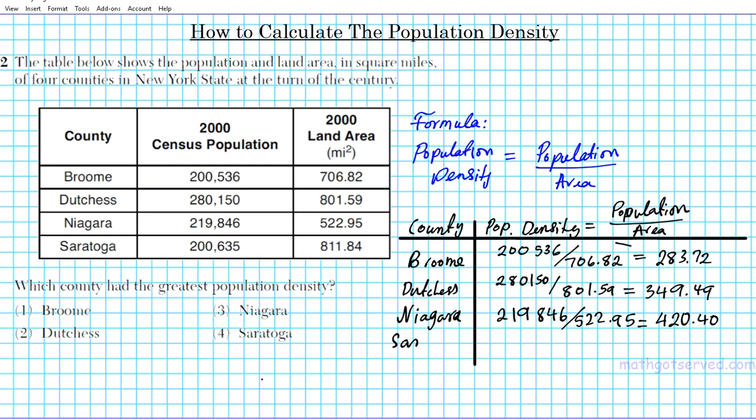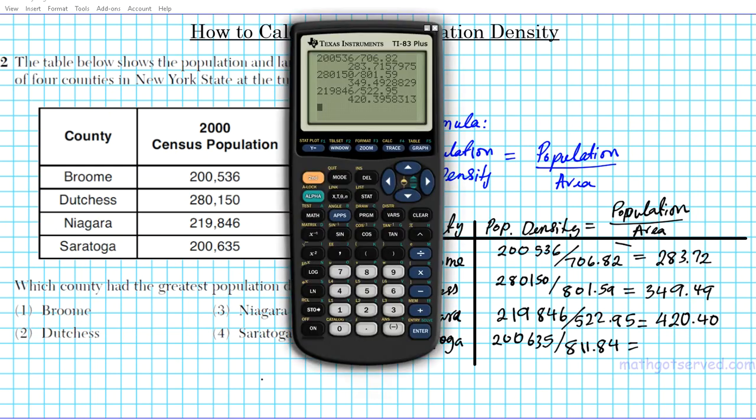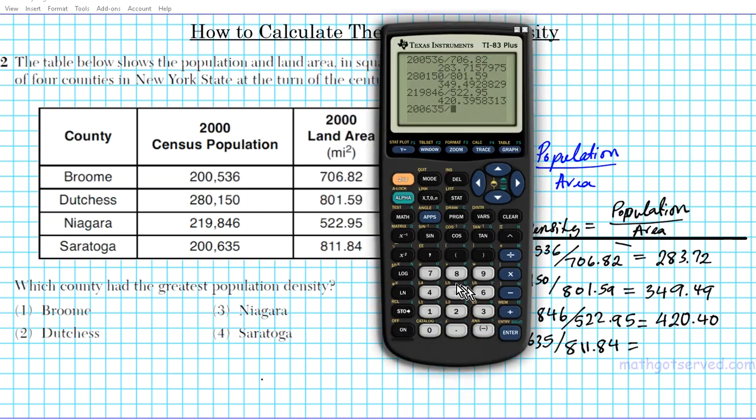So what is the population density here? The population is 200,635 divided by the area, 811.84. Okay, we're going to divide that with our calculators again. We have 200,635 divided by the area, 811.84.